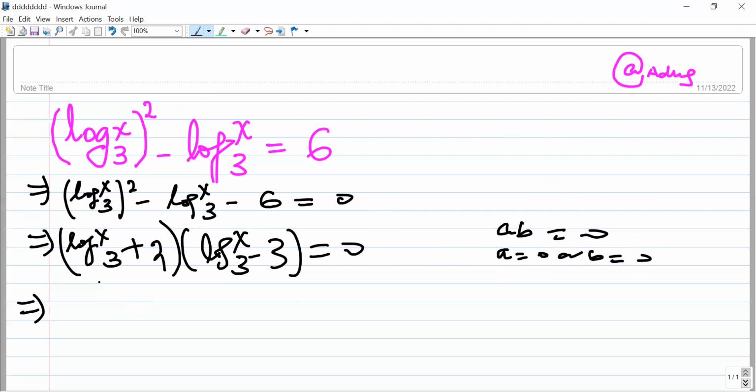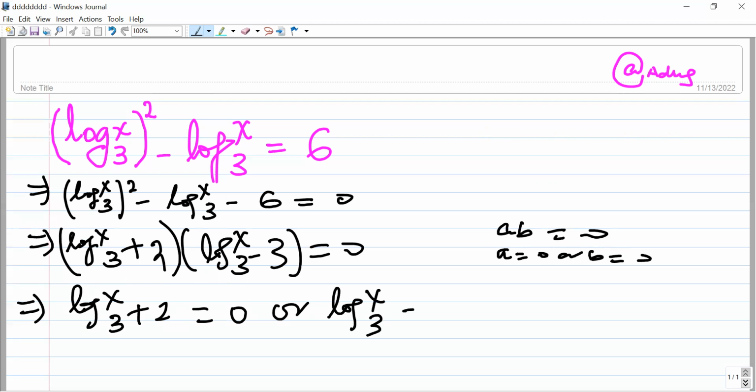By that concept, their product is 0, so either log x to the base 3 plus 2 is equal to 0, or log x to the base 3 minus 3 is equal to 0.